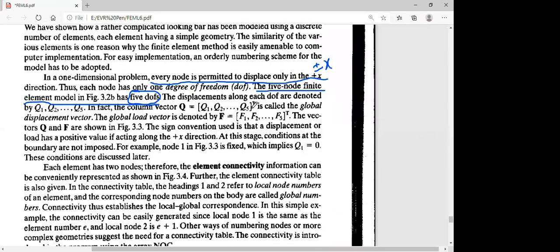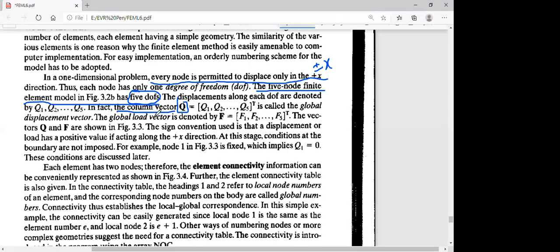The displacements along each degree of freedom are denoted as Q1, Q2, Q3, Q4, Q5. In vector form, it is the displacement vector Q. It is a column matrix, Q1, Q2, and so on up to Q5, transpose.